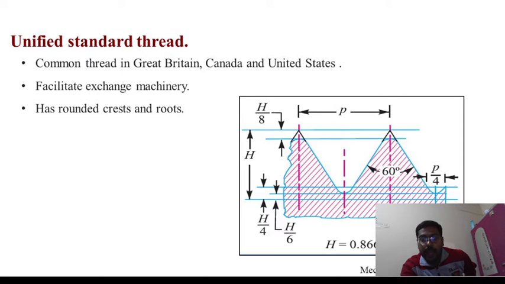The outer angle is 60 degrees, sometimes 47 degrees and 55 degrees, but here the inner portion of the angle is 60 degrees. So this is the observation. H is equal to 0.88 of P. Observe capital H and small h. What is P? Pitch. So this is also one of the types of parameters, and it is a standard size of pitches we are using in standard threads.